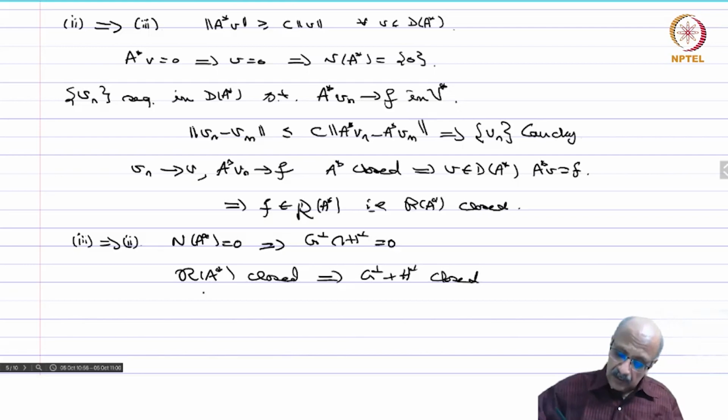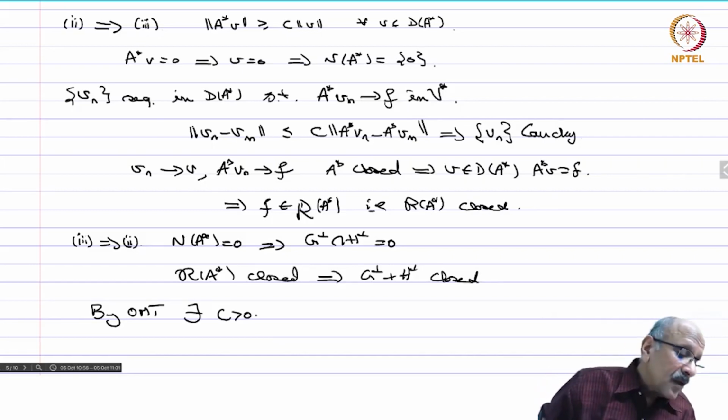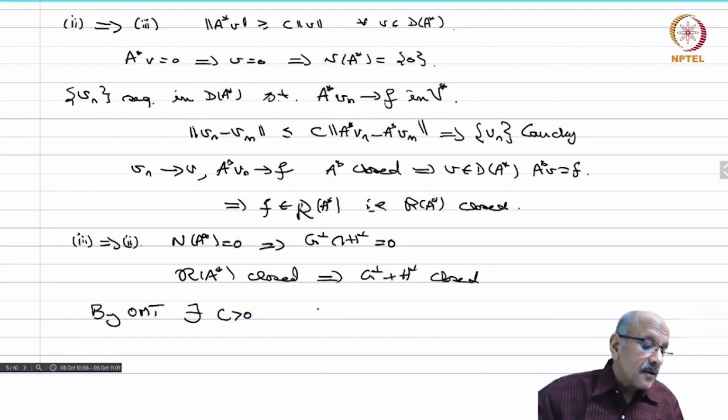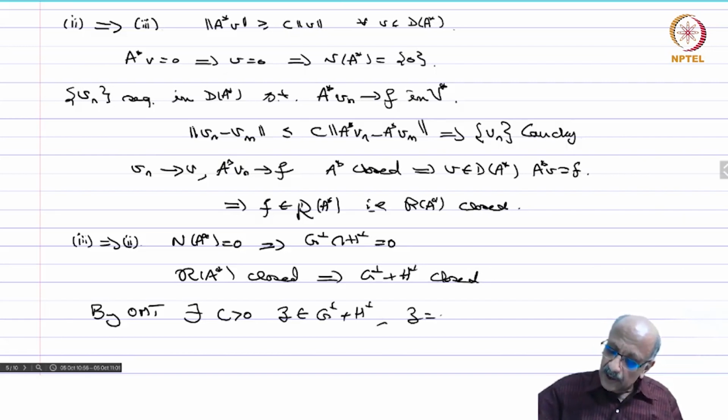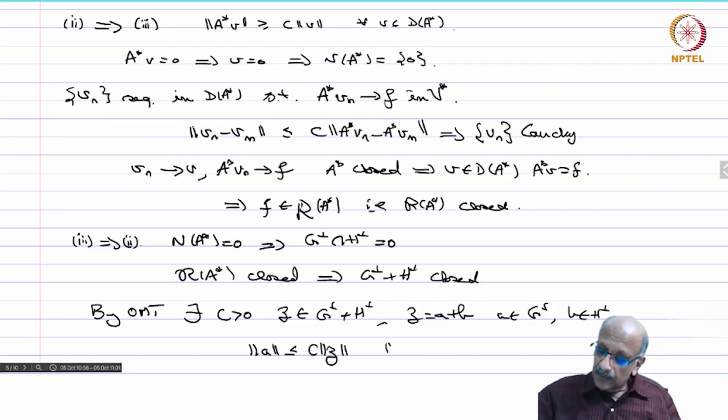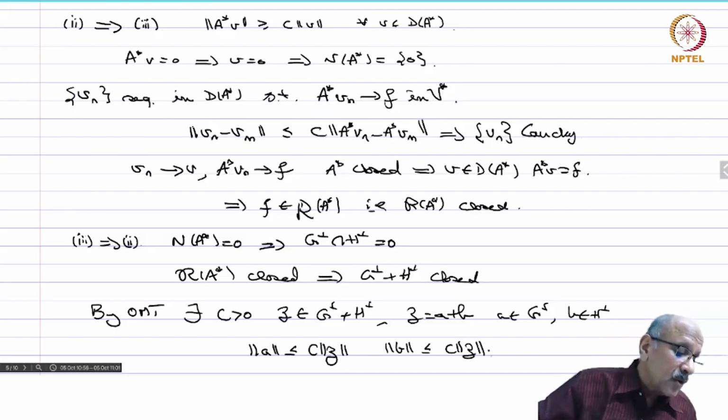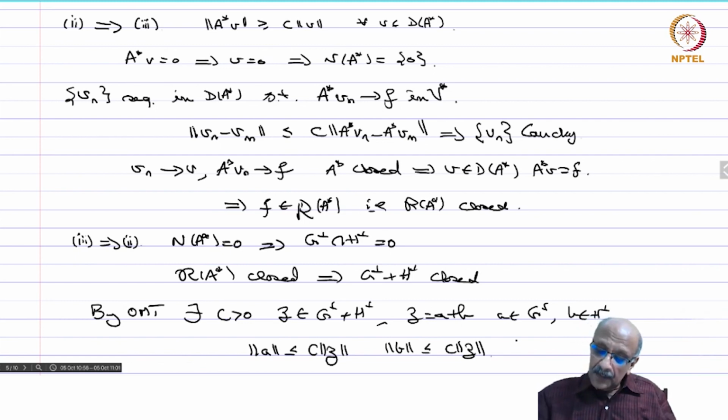Then by a proposition which we proved by the open mapping theorem, there exists a C such that if you have Z in G perp plus H perp, then Z is equal to A plus B, A in G perp, B in H perp, and norm A is less than or equal to C times norm Z, and norm B is less than or equal to C times norm Z. But now, since G perp intersection H perp is 0, in fact A and B are unique.